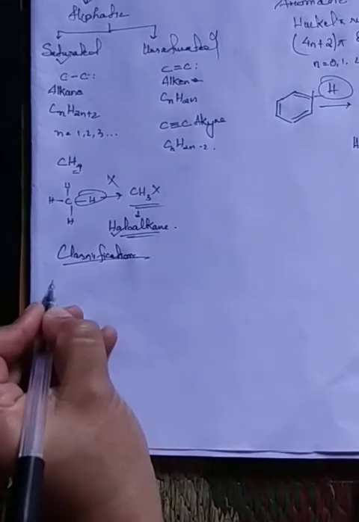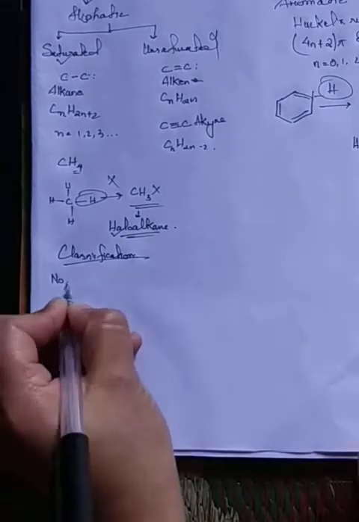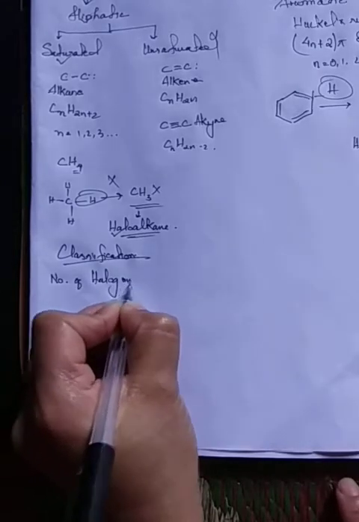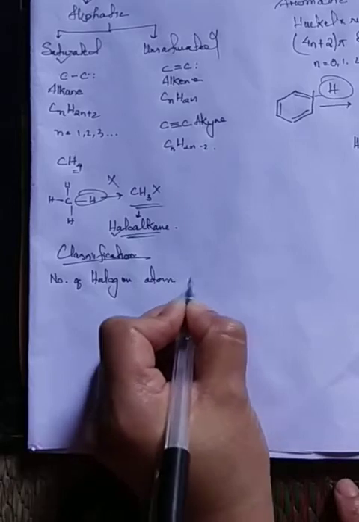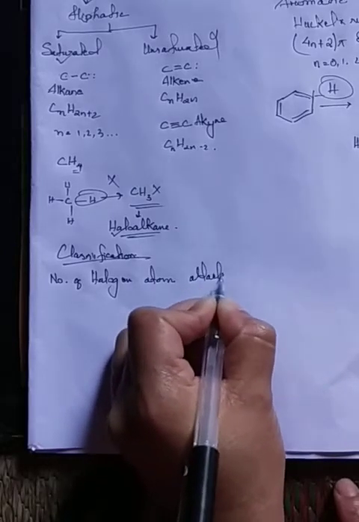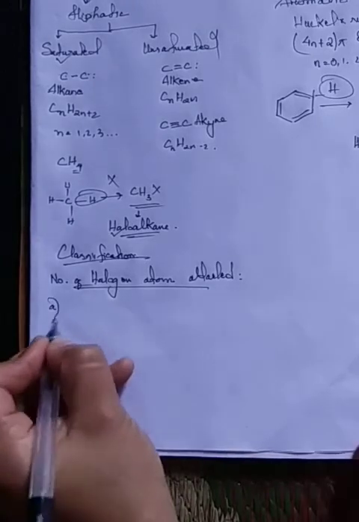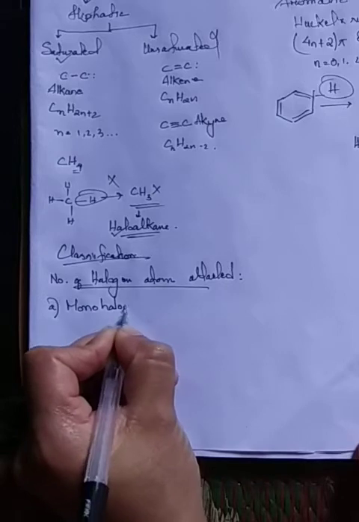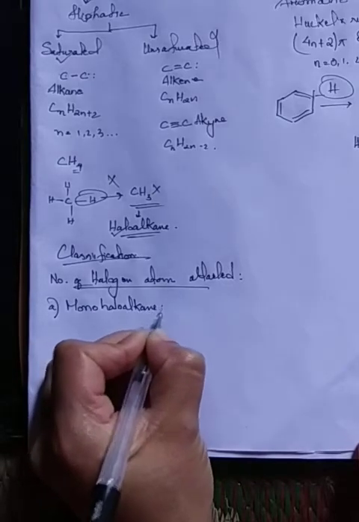Now if we move on to the classification of our haloalkanes and haloarenes, they will be classified according to the number of halogen atoms attached. The first one is monohaloalkane.